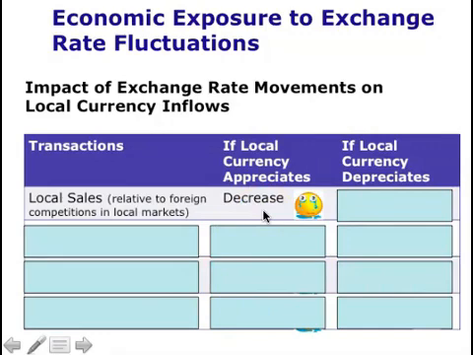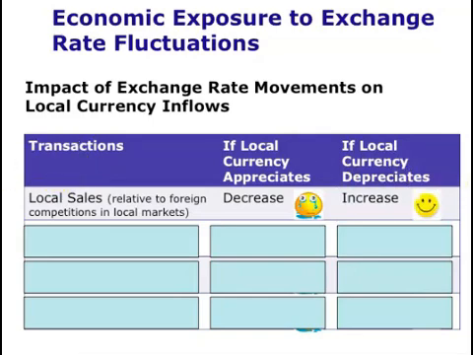Right now. Okay. So what happens if the local currency depreciates? If the local currency depreciates, customers will increase their purchases of local products because foreign substitute products become more expensive with their weakened currency.